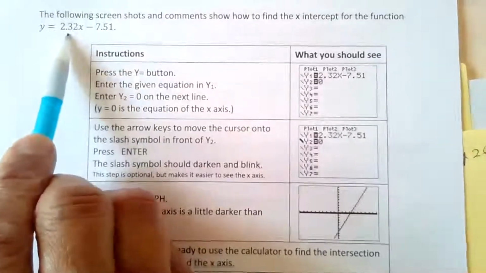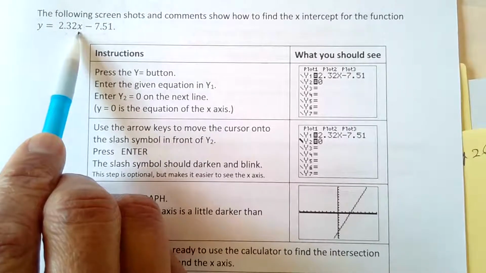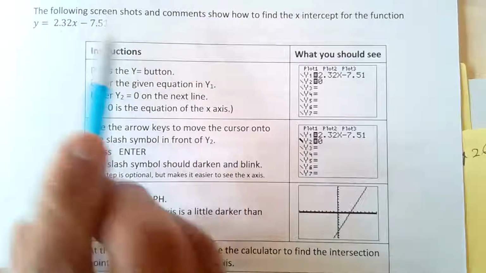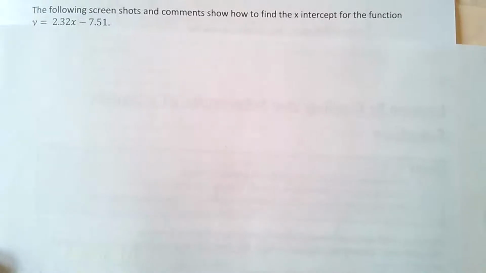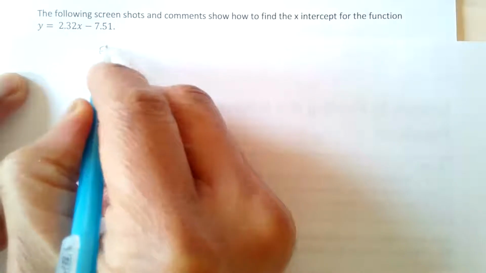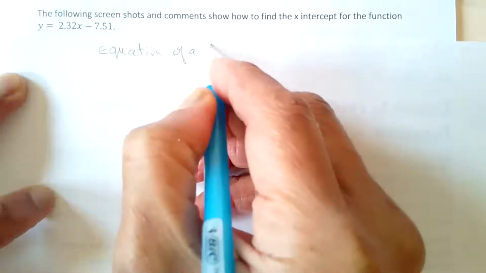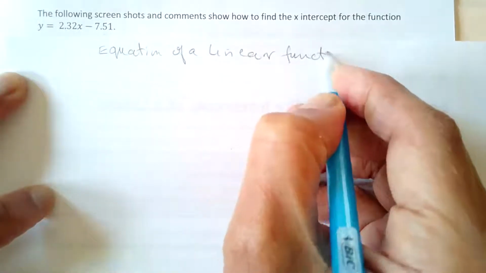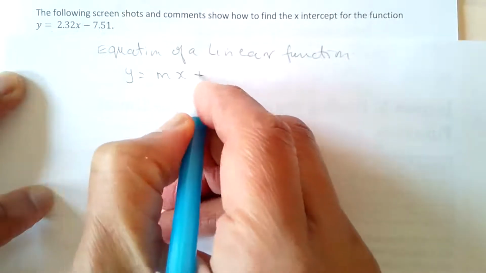Here you have y equals 2.32x minus 7.51. Now recall, in one of the previous lessons, we said that an equation of a line, of a linear function, can be written in this form: y equals mx plus b.